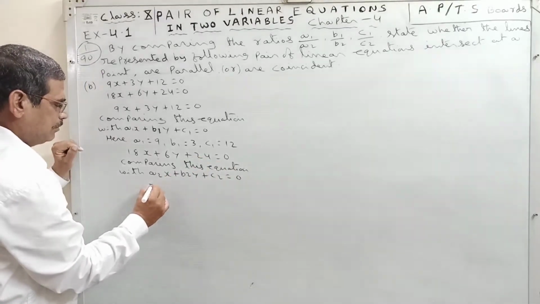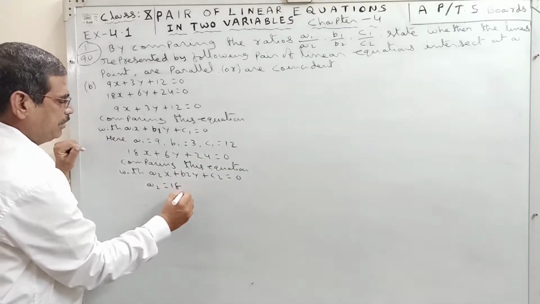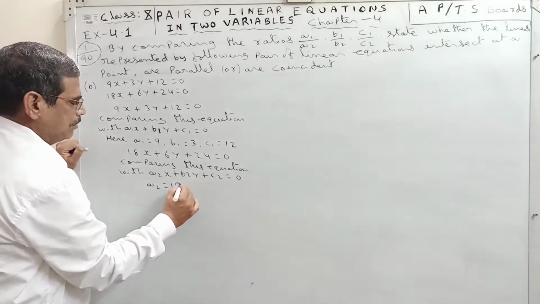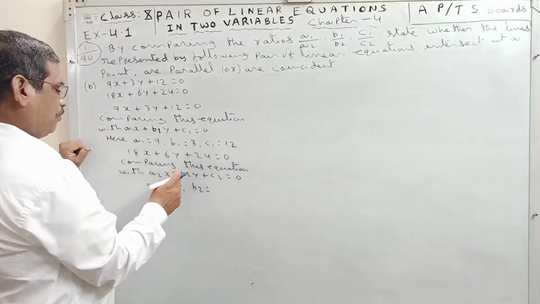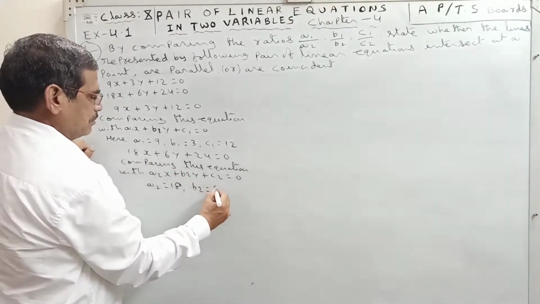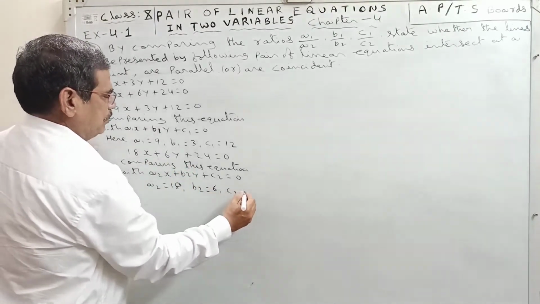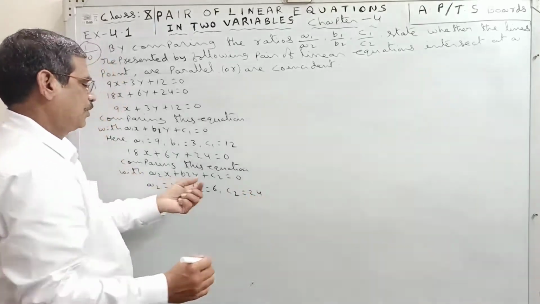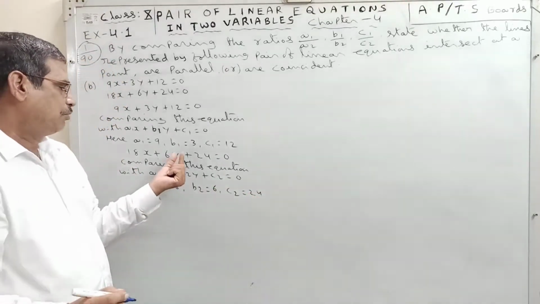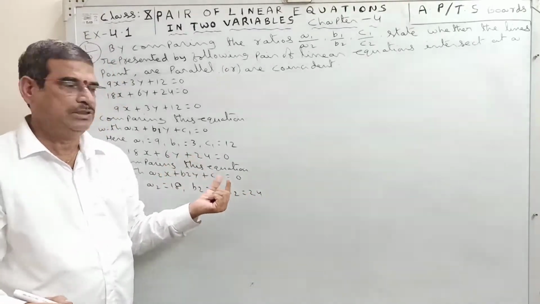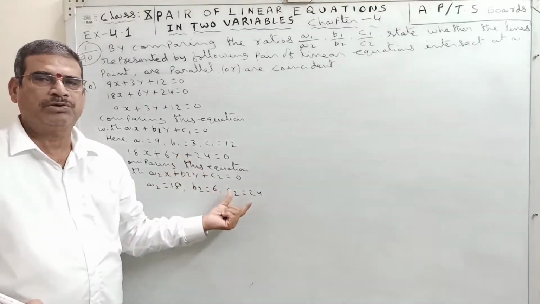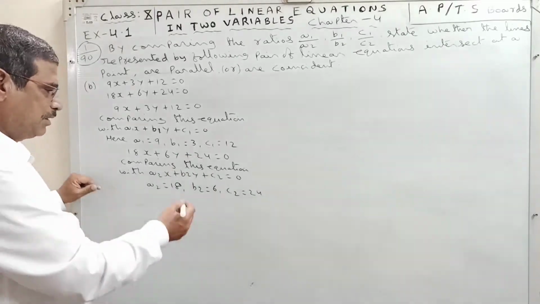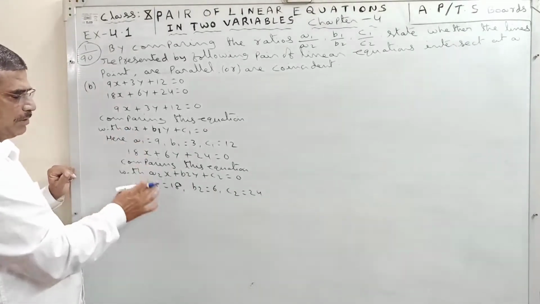Here a2 is equal to 18, b2 is equal to 6, c2 is equal to 24. We have to write the values with their signs. Here a plus sign means no need to write it, but if there is a minus sign, we have to write that sign also. That is important.